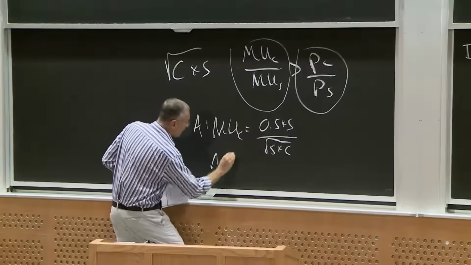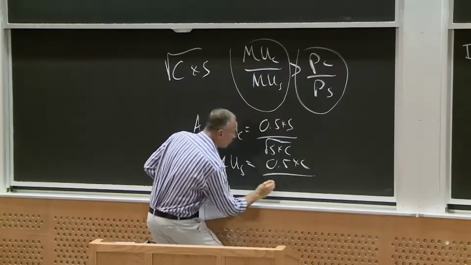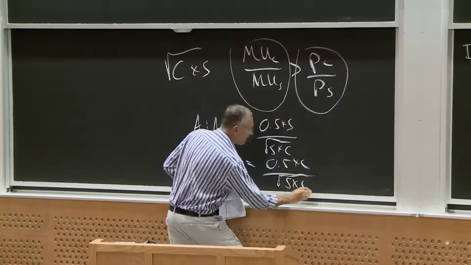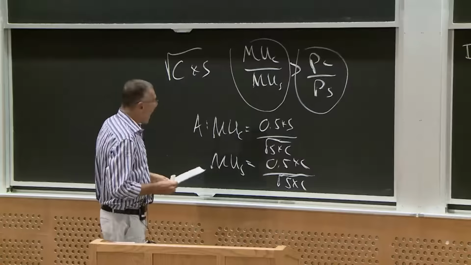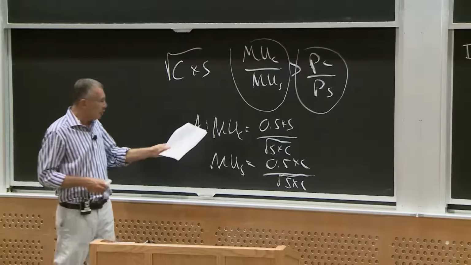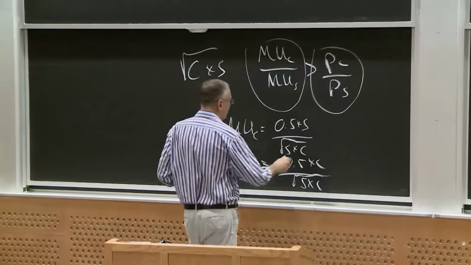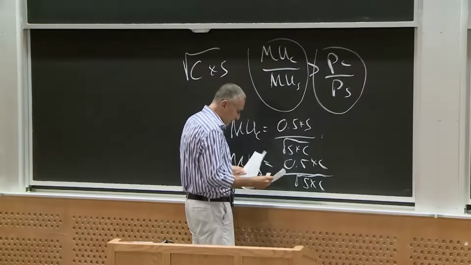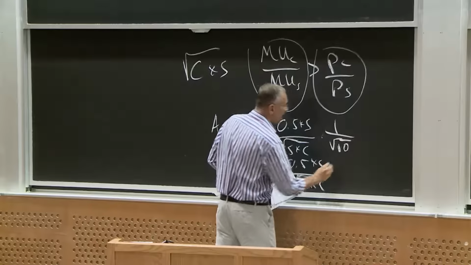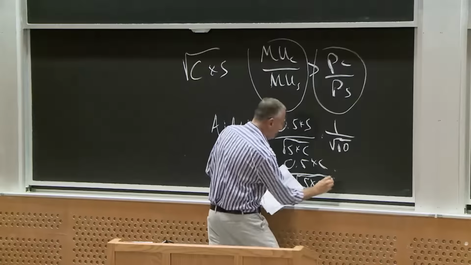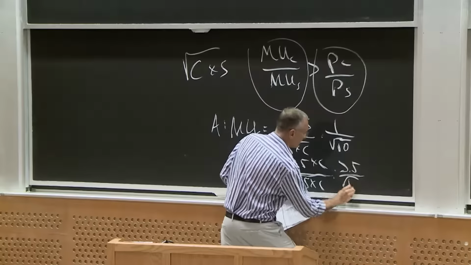The marginal utility of pizza slices is 0.5 times C over the square root of S times C. Okay? That's our formulas. At point A, you have 2 slices of pizza and 5 cookies. So the marginal utility of pizza is 1 over square root of 10, and the marginal utility of cookies is 2.5 over square root of 10.